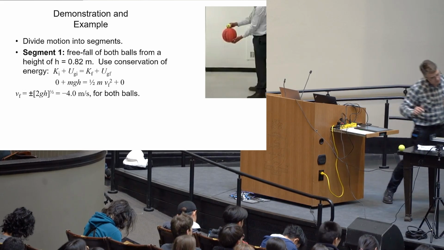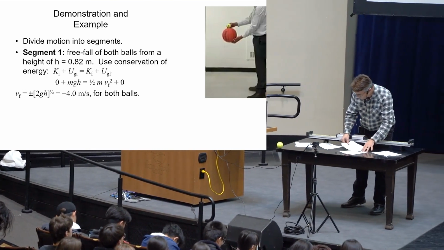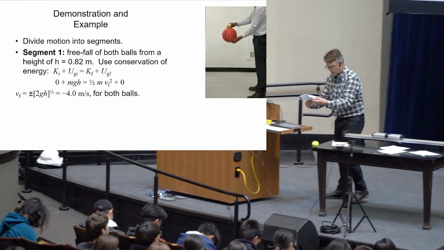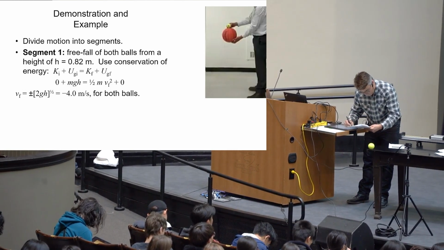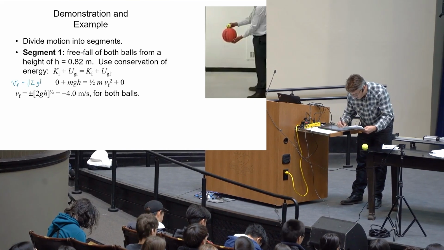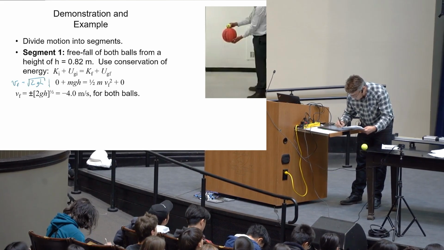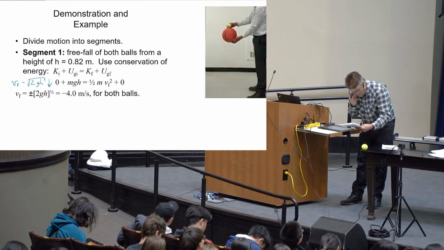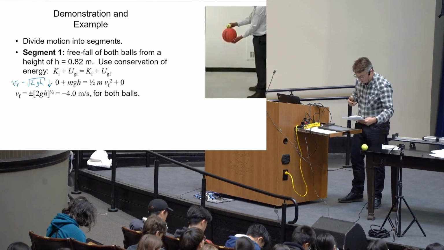You're going to get that equation you always get, which is v final equals the square root of 2gh, and it's going down. Anyway, they're both going down.